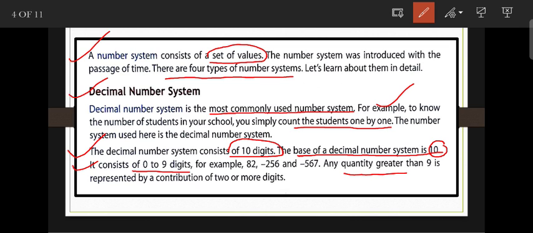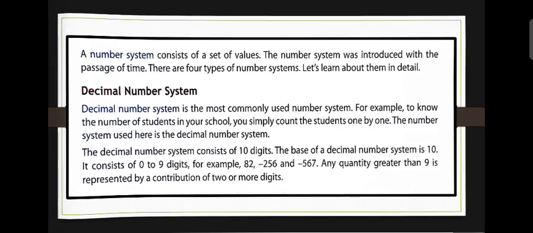Any quantity greater than 9 is represented by a combination of 2 or more digits. So the main important thing is the decimal number system consists of 10 digits, and the base of the decimal number system is 10.